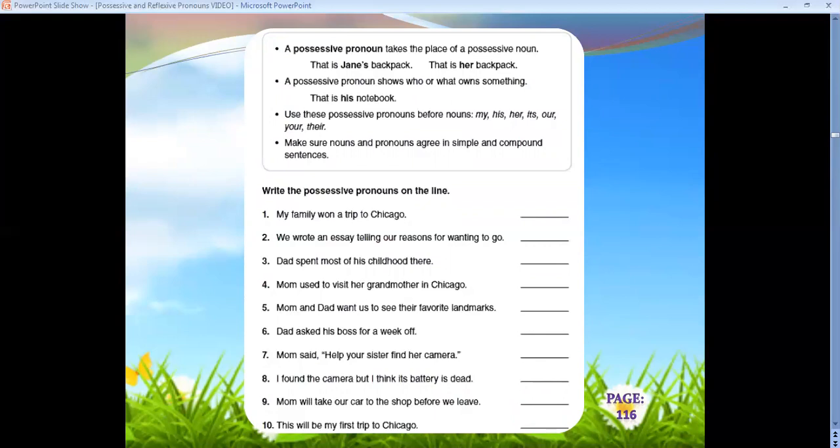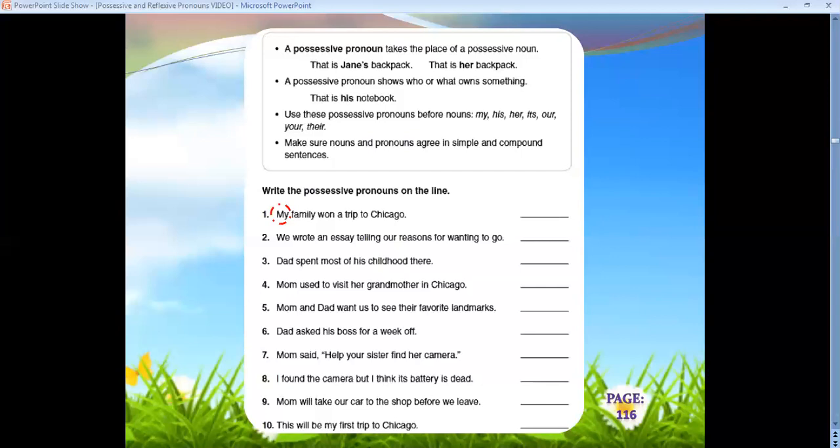My family won a trip to Chicago. Where is the possessive pronoun here? My? Yes, it is. You got it. 2. We wrote an essay telling our reasons for wanting to go.